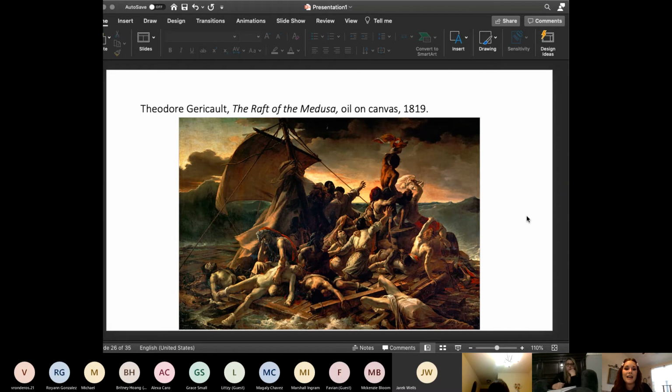So these guys have been stranded in a shipwreck and they are trying to signal the ship off into the distance to try and rescue them. I'm pretty sure we're going to talk a lot more about this when we get to the Romantic period of art, because this is a cool story. And it's a real story too.